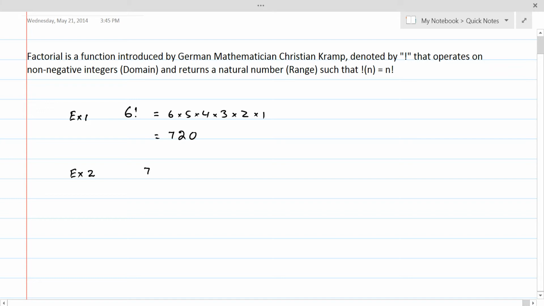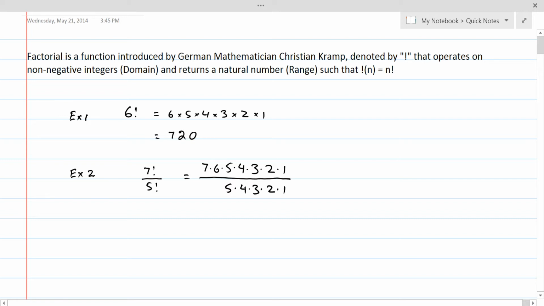So if we want to calculate 7 factorial divided by 5 factorial, this means we are going to write the product of natural numbers up to 7, meaning 7 times 6 times 5 times 4 times 3 times 2 times 1, and in the denominator we are going to write 5 times 4 times 3 times 2 times 1.